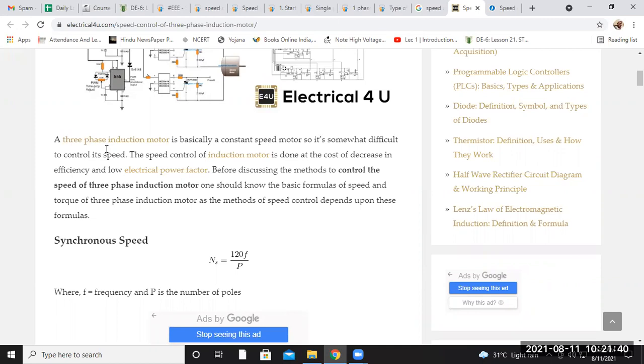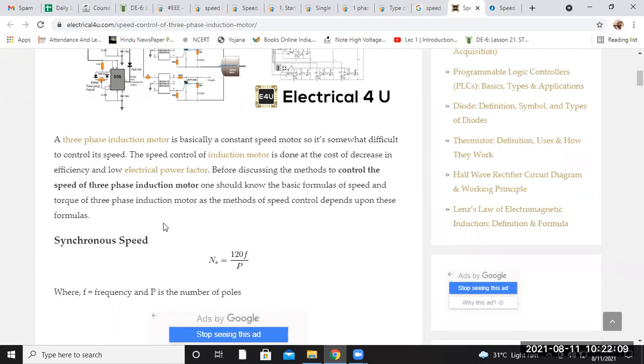In a similar case, in an induction motor, if the rotating magnetic field is rotating and your rotor is stationary, then the relative speed is ns. But when the rotating magnetic field is rotating with speed ns, and the rotor is also rotating with a speed of nr, that means ns minus nr is the relative speed, because both are running in the same direction.